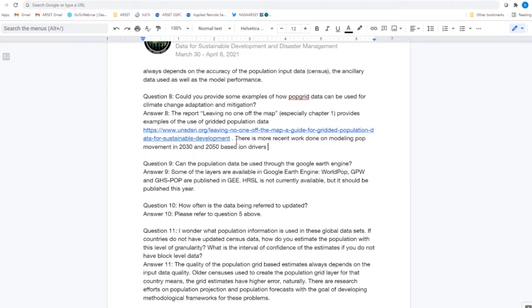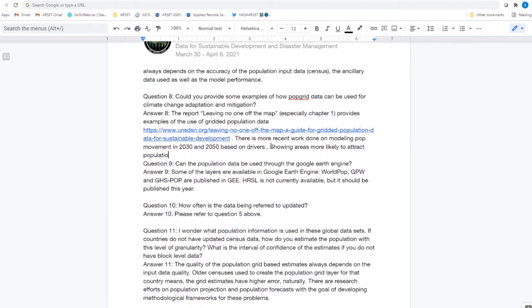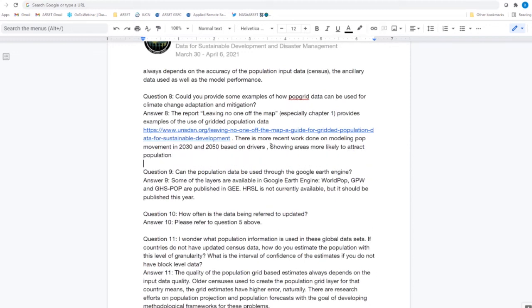It shows areas that are more likely to attract population and areas that are likely to see out-migration due to both climate change factors and other drivers of population migration over the longer time frame. It doesn't directly address mitigation, but it's interesting in that it shows the future patterns that are possible, that you need to understand before you can do mitigation.